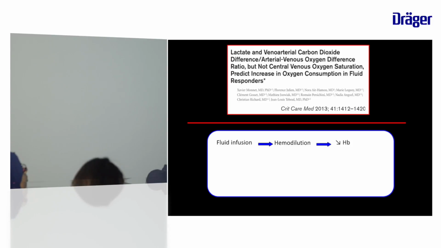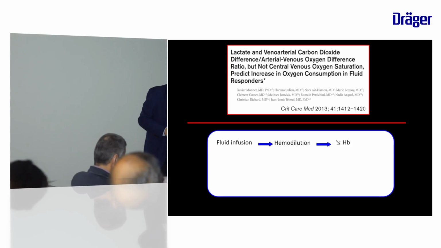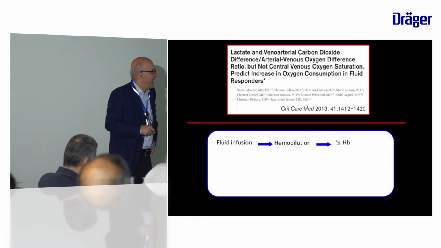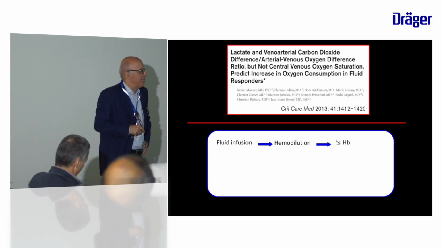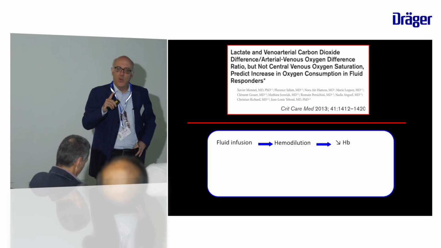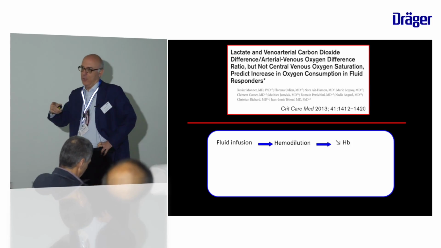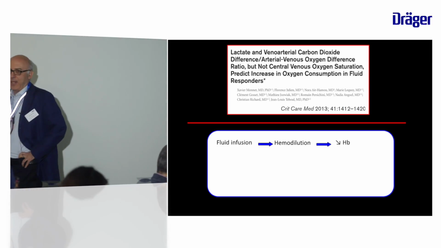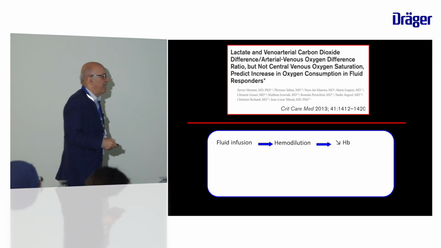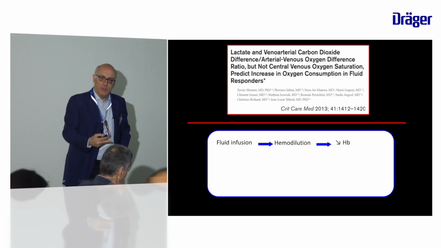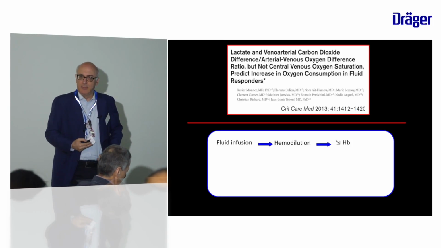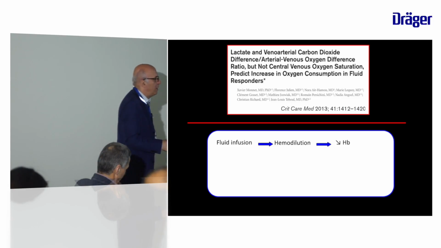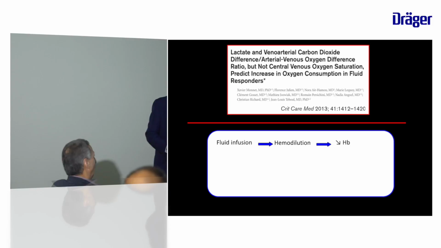And we have to remember, as we were discussing with Alberto before, that we forget the formula of the oxygen transport. If we give too much fluid, we have another negative factor: not only do we increase the left ventricular end diastolic pressure, but we also hemodilute the patients, and so we reduce the amount of hemoglobin.